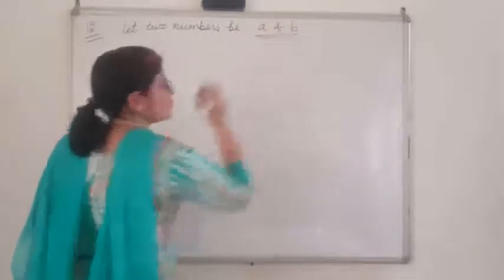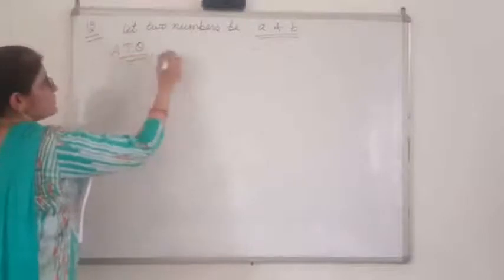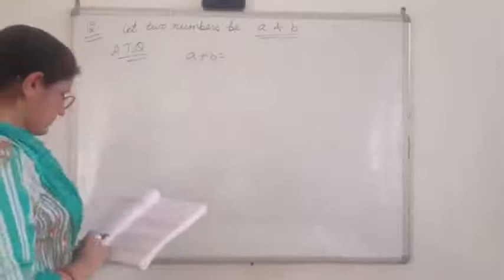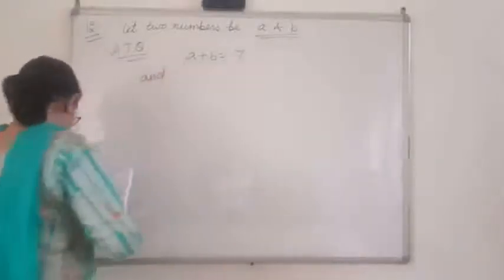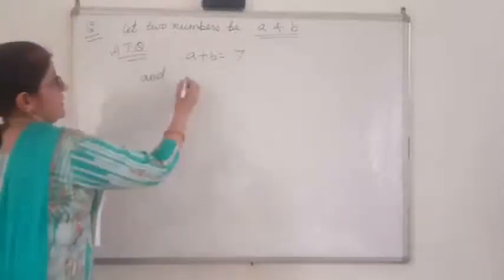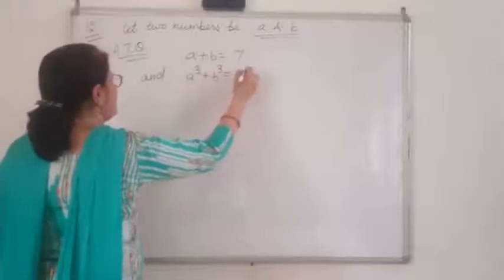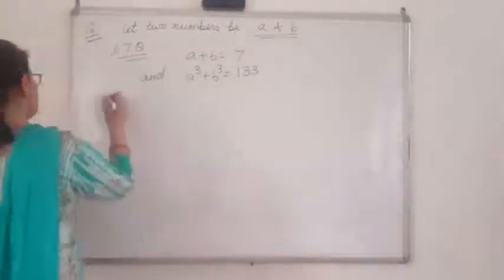We take these two numbers. According to the question, the sum of these two numbers is given as 7 and the sum of their cubes, a cube plus b cube, is given as 133.